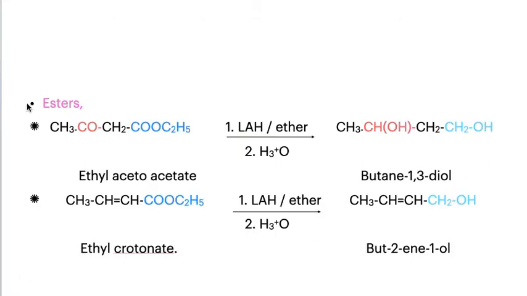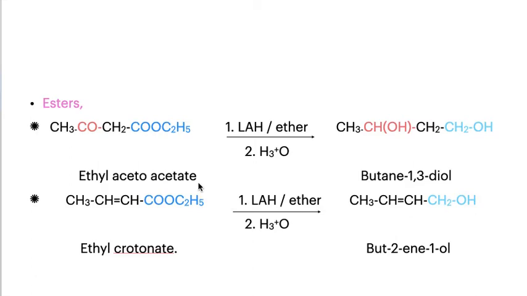Then esters, ethyl acetoacetate, that is CH3COCH2COOC2H5. In this compound, there are two functional groups. One is the ketone and another is the ester. On reduction with lithium aluminum hydride, the ketone is converted into a secondary alcohol, that is CHOH, while the ester is converted into CH2OH.